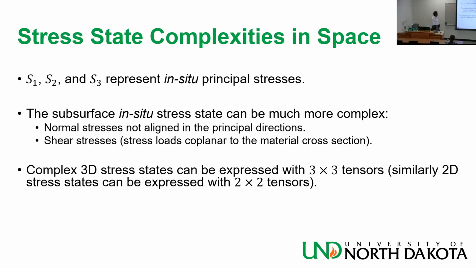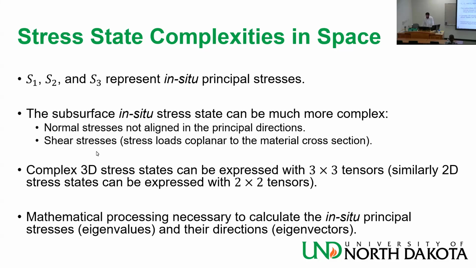Generally, you will use tensors to indicate the stress state. In 3D it is 3x3, in 2D 2x2, and there is some mathematical processing that is necessary to get the principal stresses and their directions.